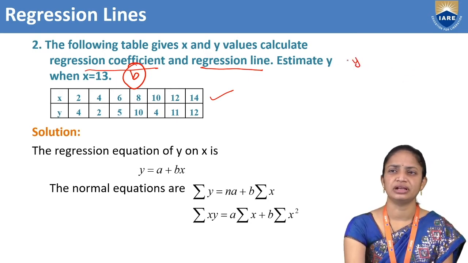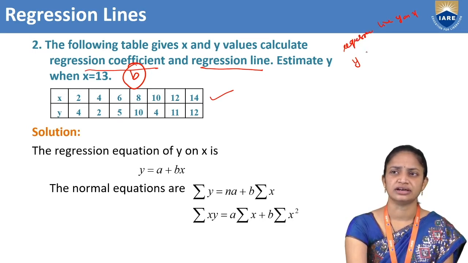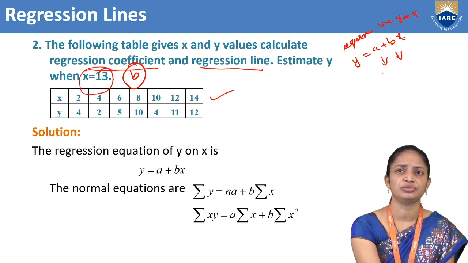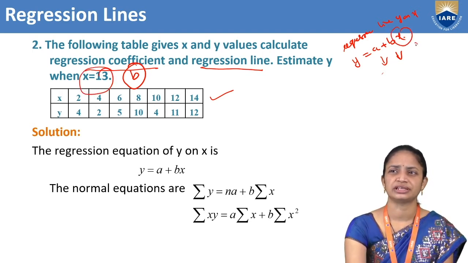The regression line of y on x is y equal to a plus bx. After finding a comma b values, you can substitute here. Then after completion of the entire problem, you need to substitute the x value here, and we will get the y value.